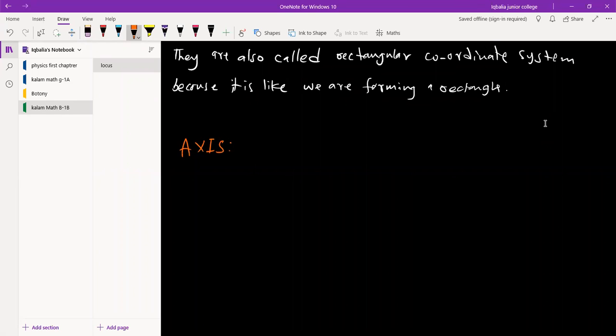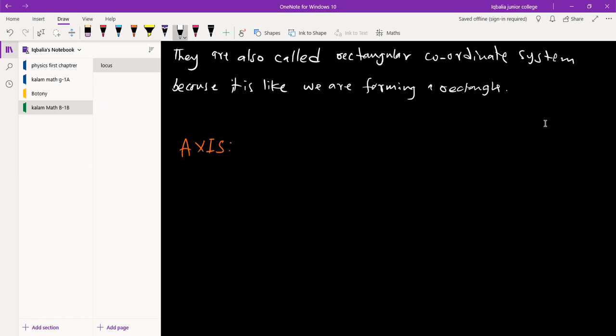I will not have any problem. Okay, no worry. So axis is nothing but the fixed line used for marking measurement on a graph.